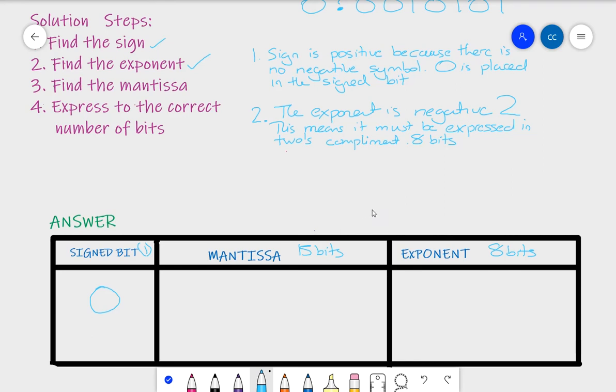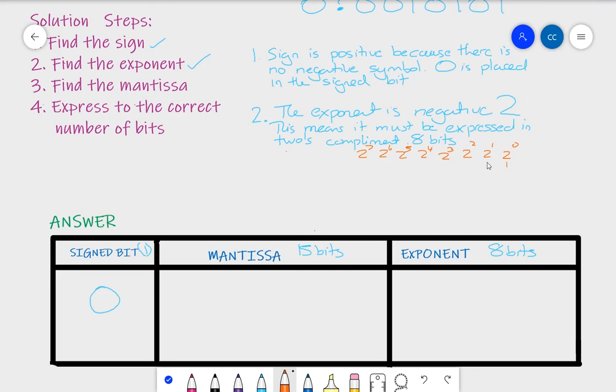Right, so what is -2 in 2's complement? There's no shortcut here, so let's do 2 to the power 0, 2 to the power 1, 2 to the power 2, 2 to the power 3, 4, 5, 6 and 7. That will give us our 8 bits. And let's write down the values at those places.